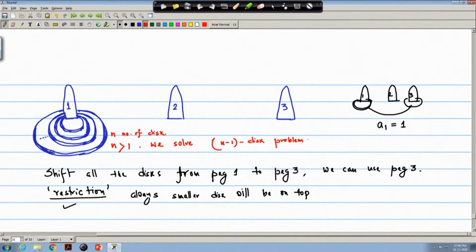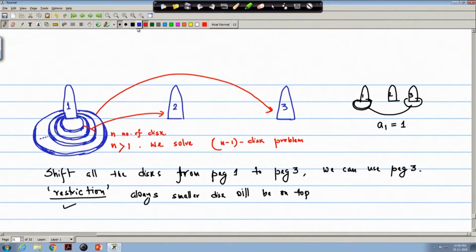What is that thing? As if we will transfer the largest disc here. So, I need one move for this, and these remaining n minus 1 disks, I give this number to shift.